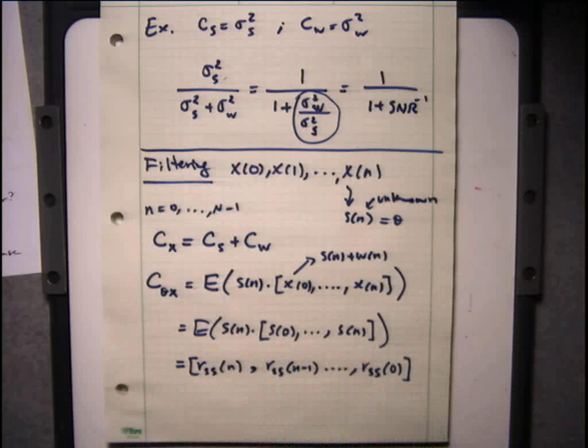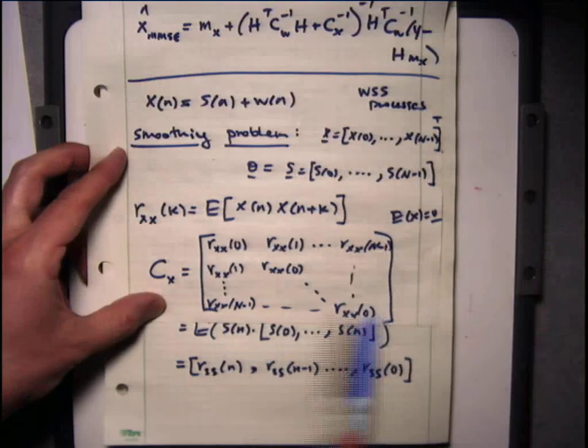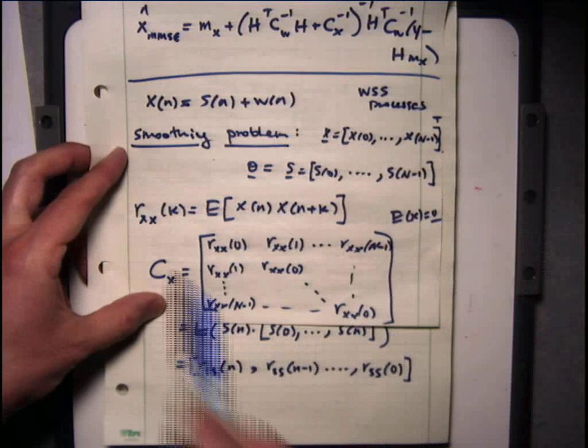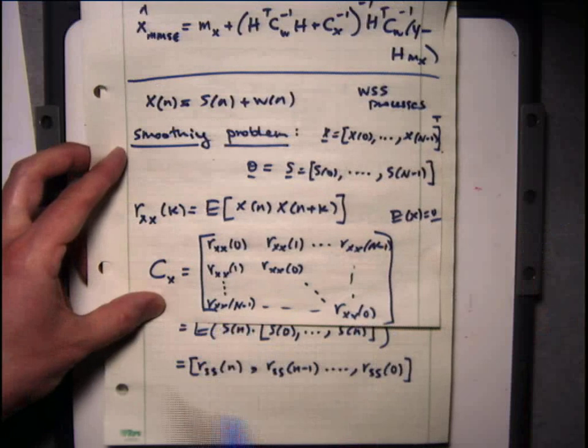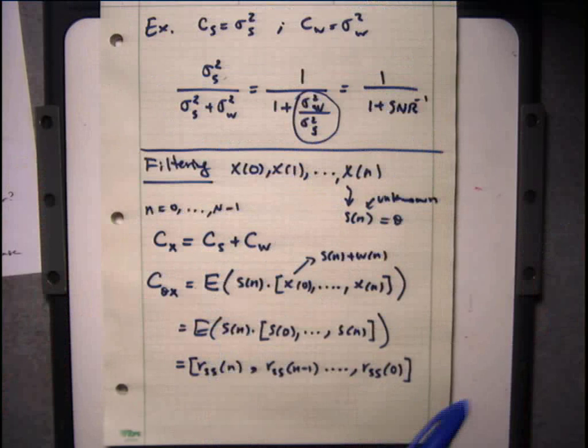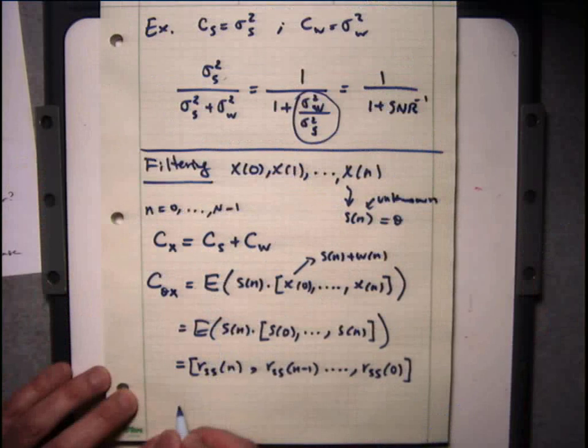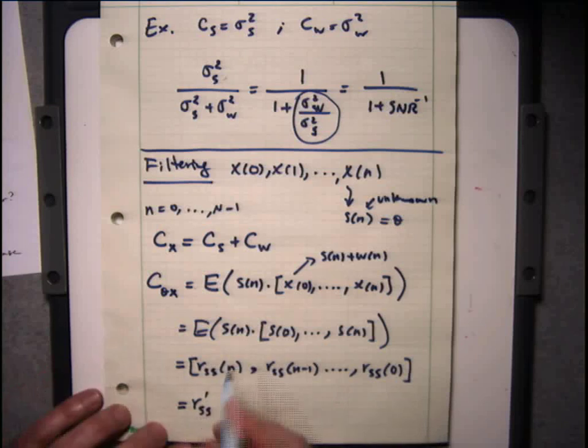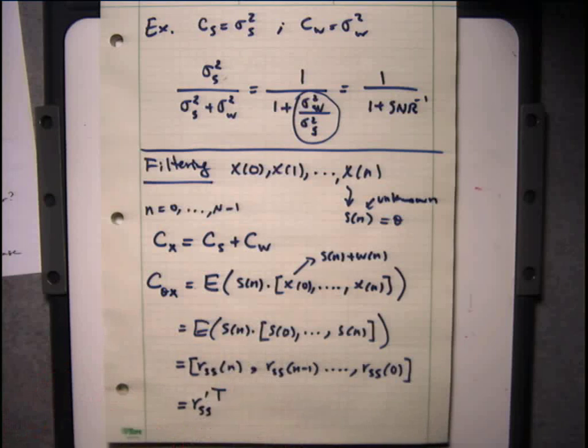So this basically becomes a vector which, if you remember from the previous slides, looks like one row of this matrix, except that it's for S, not for X. Let's call this RSS prime as a vector, because it's kind of reversed in time. This is just the name I'm giving it.